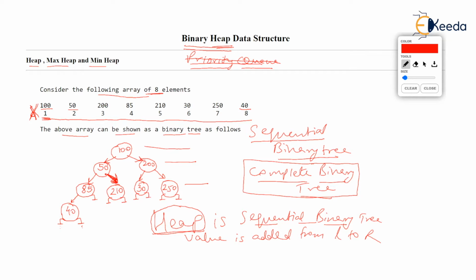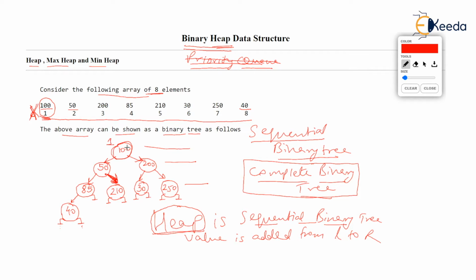Okay. Now we have a habit of numbering these nodes. Usually in any tree data structure, we don't give a number to the node, but let's give a number to this node. The number given to this node 100 is 1 because in the array 100 is stored at the first index. And numbering also will be done in sequence from left to right.